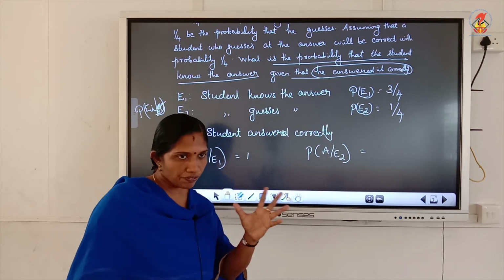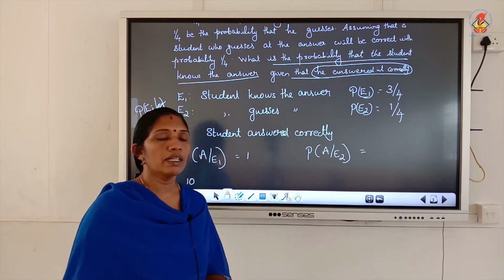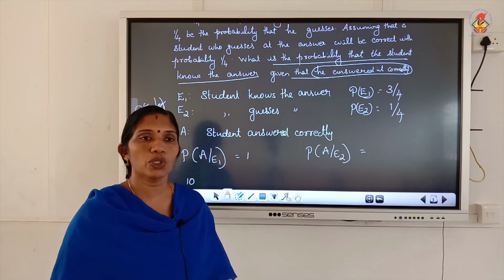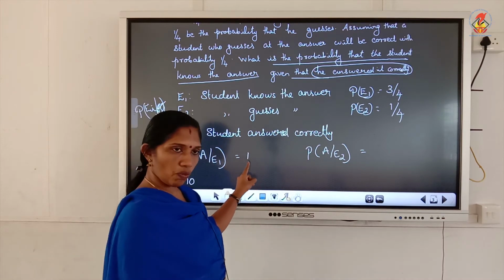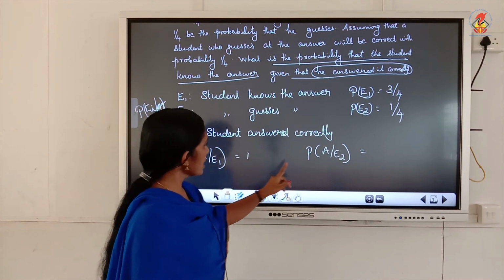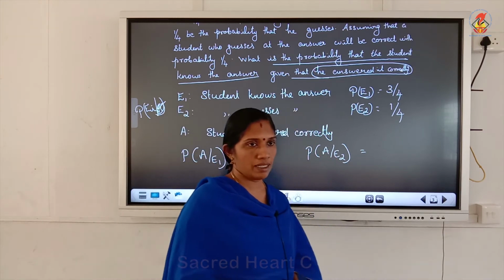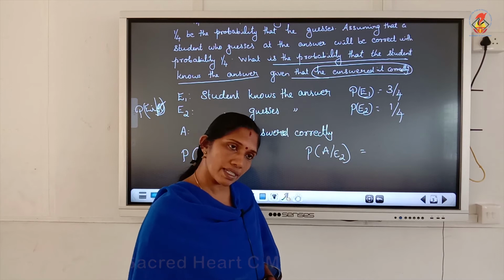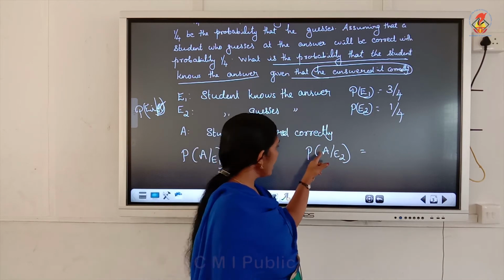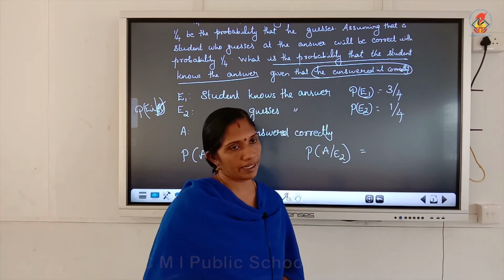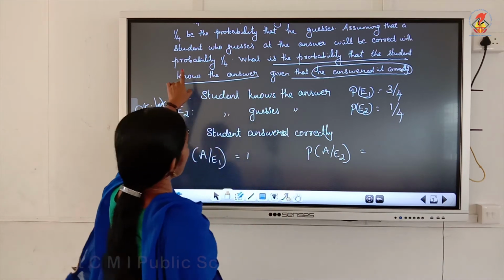If there are 50 questions and he knows everything, he scored 50 out of 50. So it's equal to 1. Okay. Now what is this one? A given E2. E2 means student guesses. He doesn't know the answer, he just guesses and writes the answer. And A means that the answer is correct. That is given in the question.